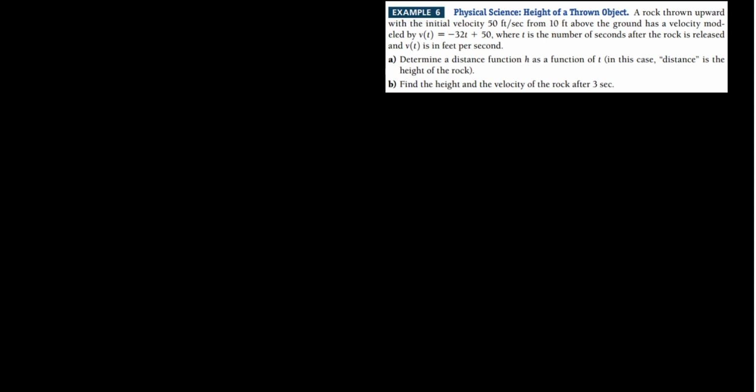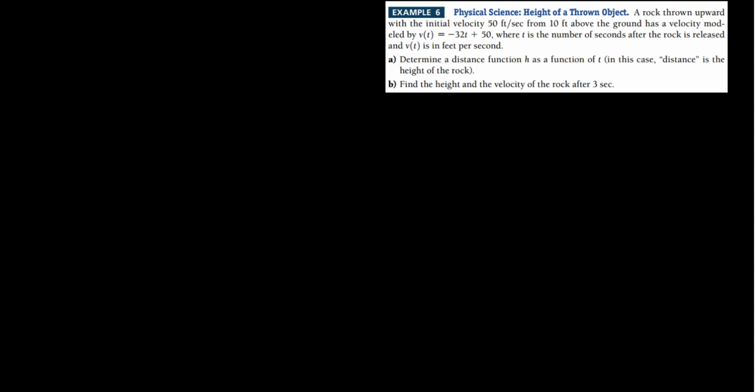We have our velocity function, and the variable in it is t, the number of seconds after the rock is released, and v is the velocity in feet per second. Okay, so part A wants us to determine a distance function h as a function of t.